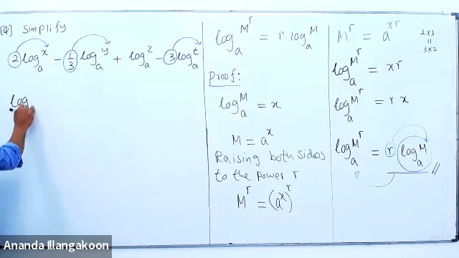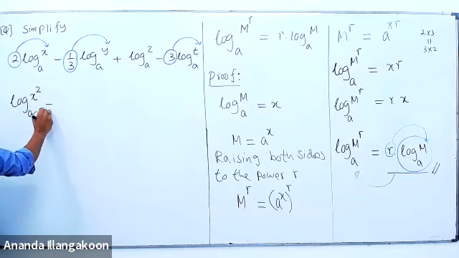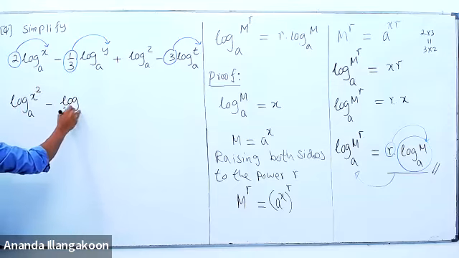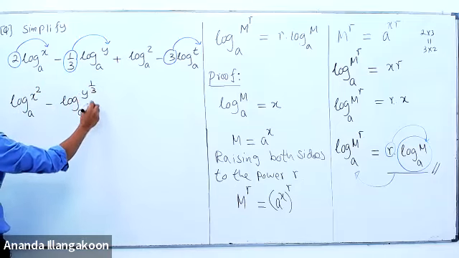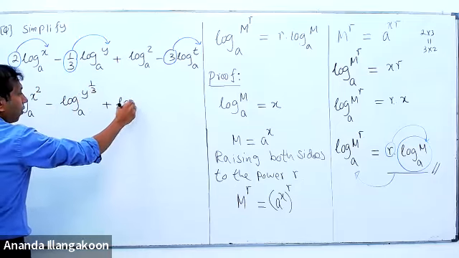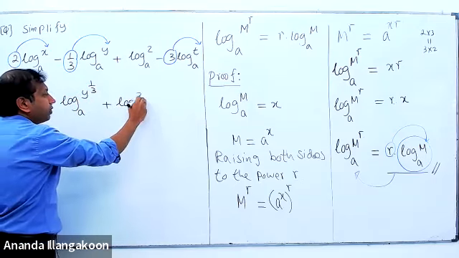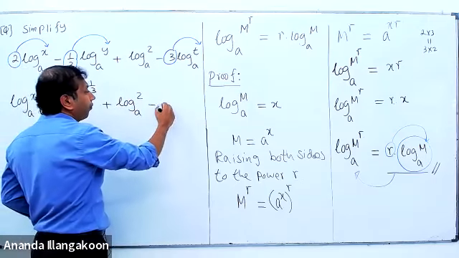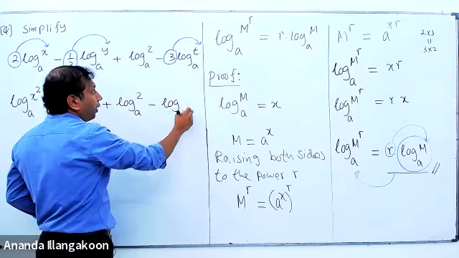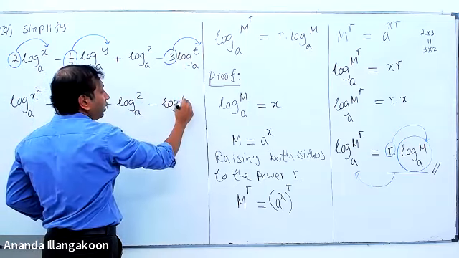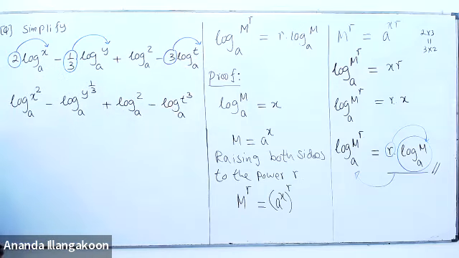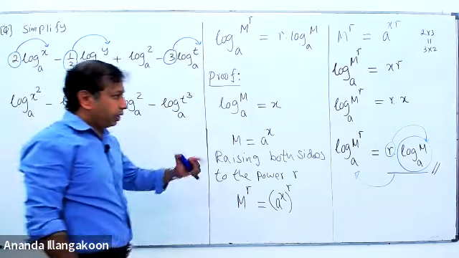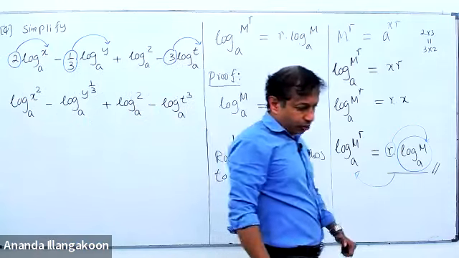Log a x squared minus log a y to the power 1/3 plus log a z minus log a, this 3 we put here, t cube, right? Correct, no? The third law we learned, now we used.